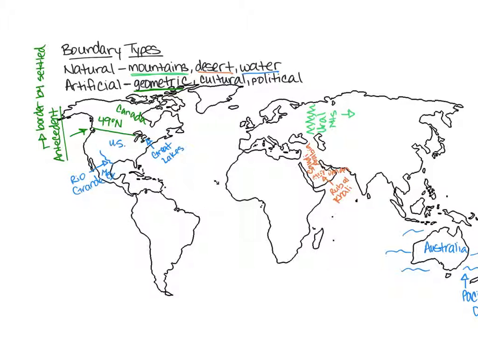So here's what happens. Not a lot of people live there yet. Canada and the U.S. are ironing out what's yours and what's mine. So they decide, all right, we'll just split it at the 49th parallel. This is before it's heavily populated there. And now, especially on the Canada side, it is heavily populated.